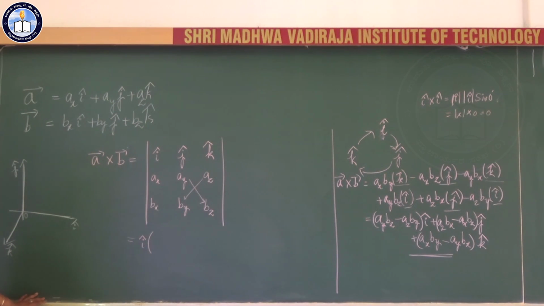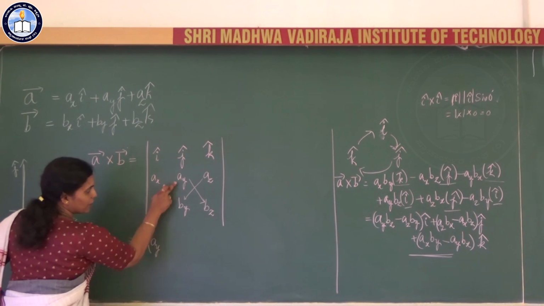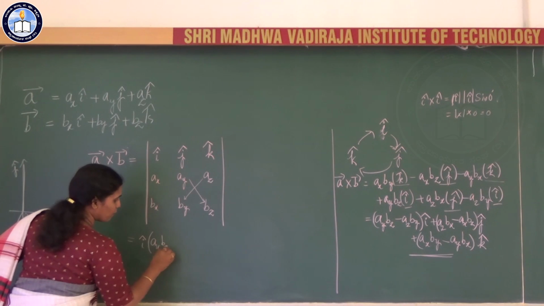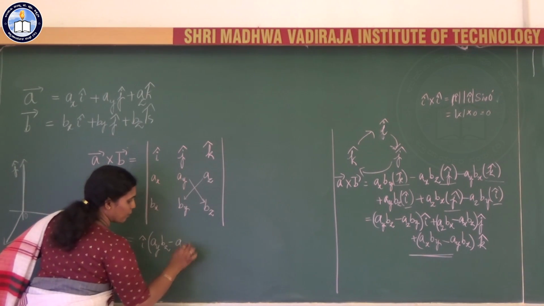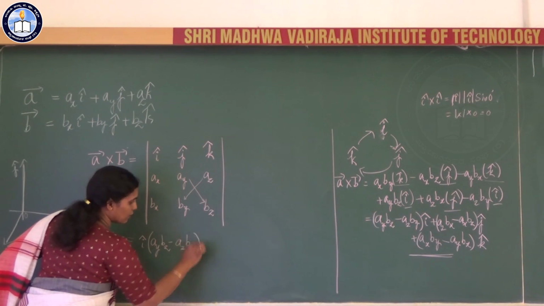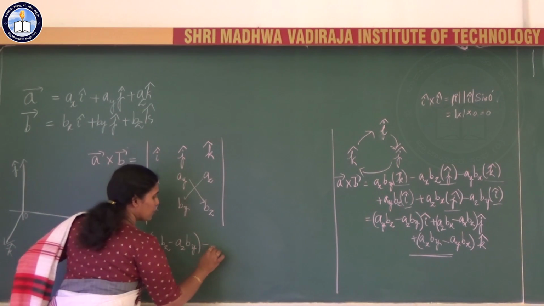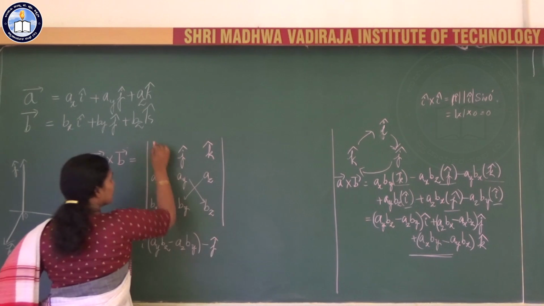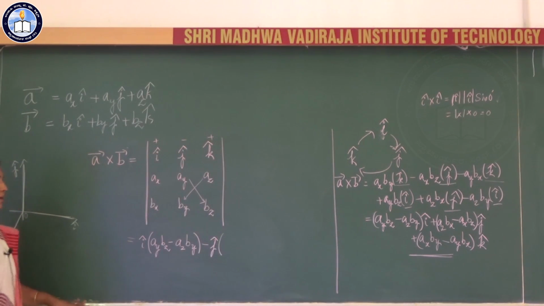You write i cap into (Ay Bz minus Az By). Note it down properly. Now for j cap, you always put a minus j cap, since the signs go plus, minus, plus.